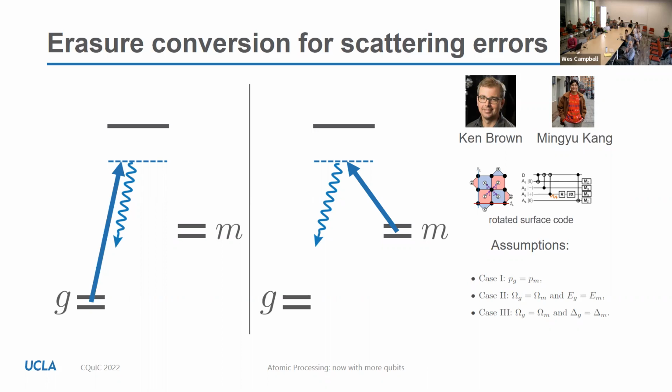And this is ongoing work. I'm not even going to show you the results, but one of them is that we make the gate times the same, and we make the laser intensities the same. The other possibility is that we make the gate times the same and we make the laser detunings the same, and we allow the laser powers to vary.